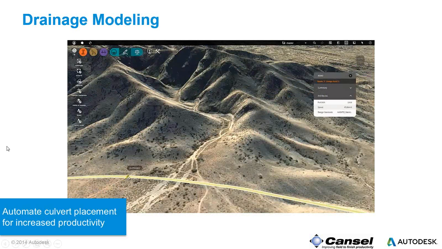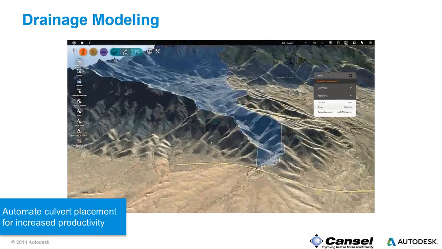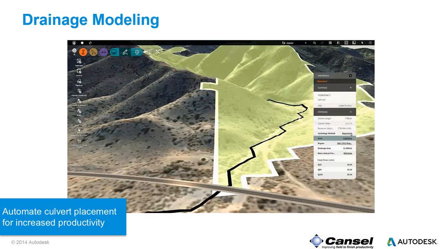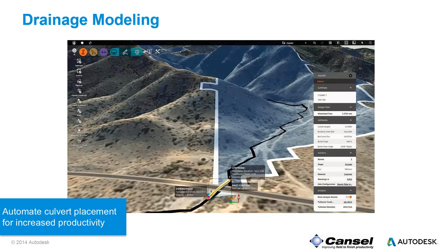Here's a short video of the drainage model. As you can see, we have the road on the bottom. The watershed has now been created. You can see the extent of the blue shading. A culvert is going to be added very shortly. There it is.